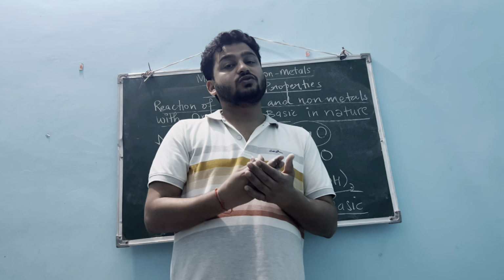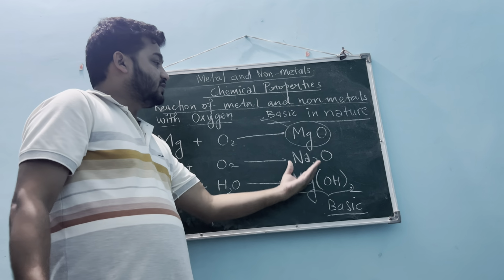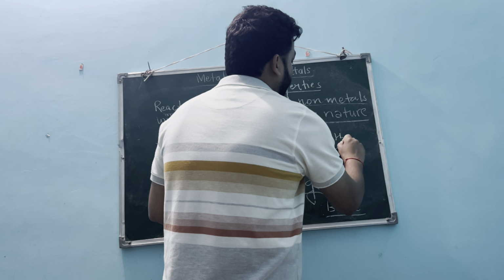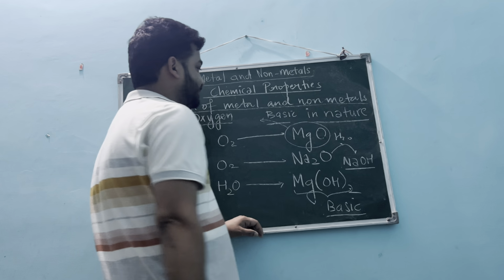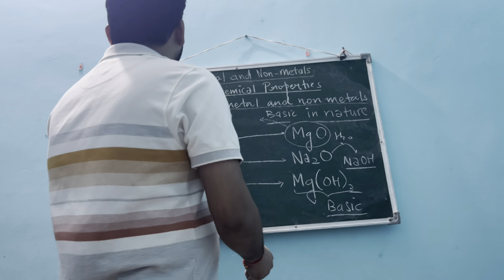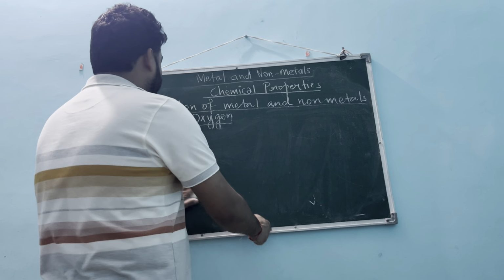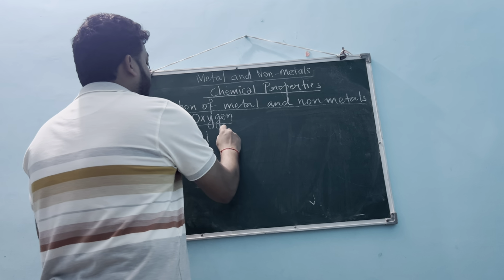Some of them also form alkaline solutions. Alkaline solution means this: Na when it reacts with water forms NaOH, sodium hydroxide. I am just rubbing it out and writing an equation.